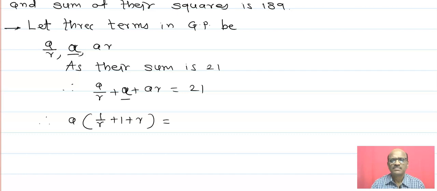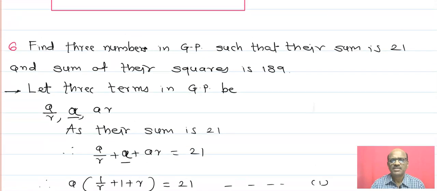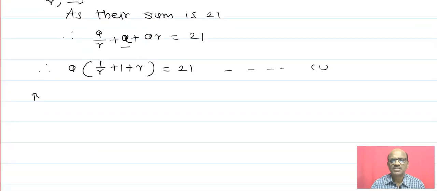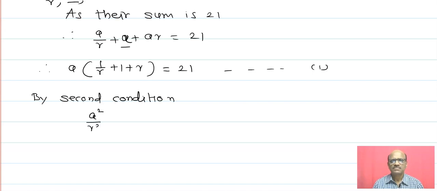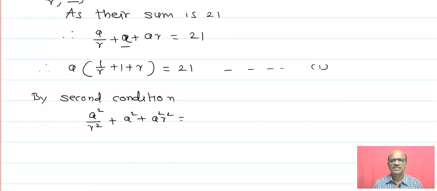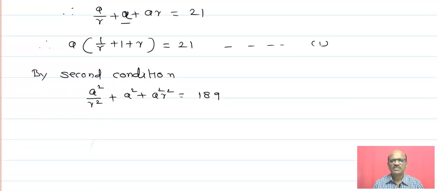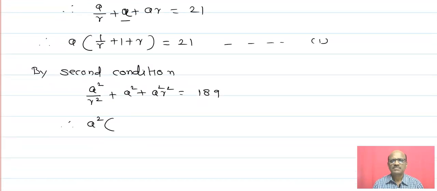Therefore a in bracket 1 upon r plus 1 plus r is equal to 21. Now by the second condition, a square upon r square plus a square plus a square r square is equal to 189.